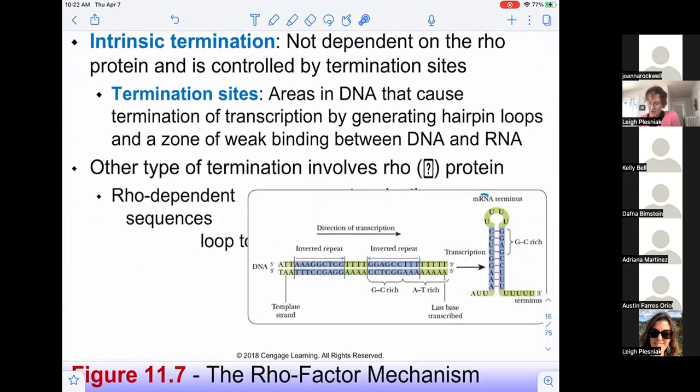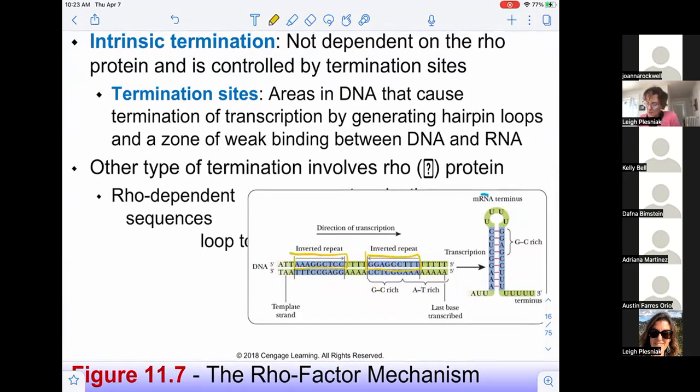So what happens is in the transcript, this is showing the DNA sequence here, and it's showing that this sequence here, if you look at it, is complementary to this sequence.